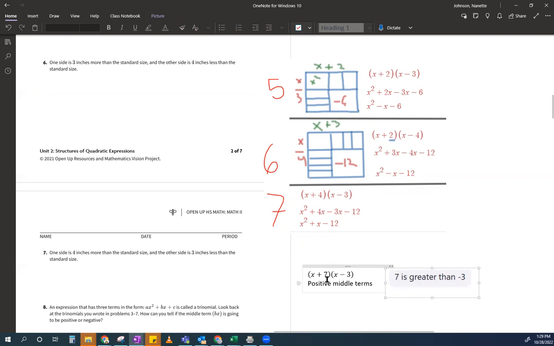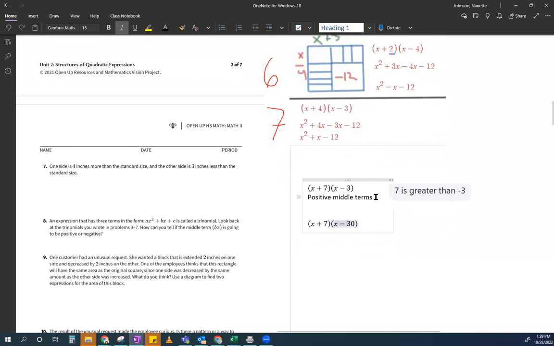Okay, so if I did a different one, let me copy this like this. Let's say this was X minus 30 and X plus 7. Would this have a positive middle term or a negative middle term?